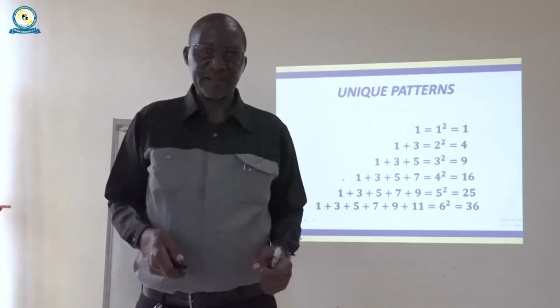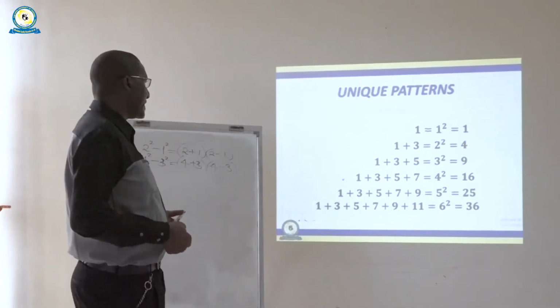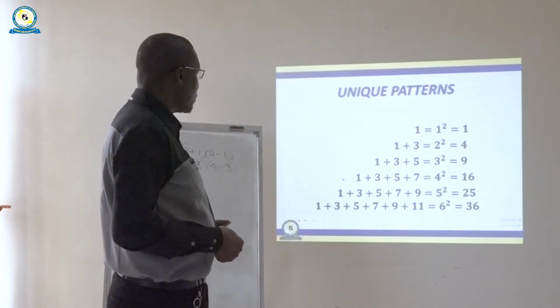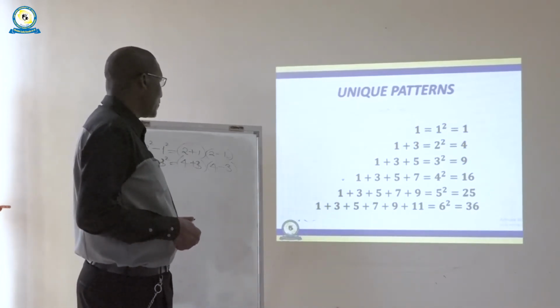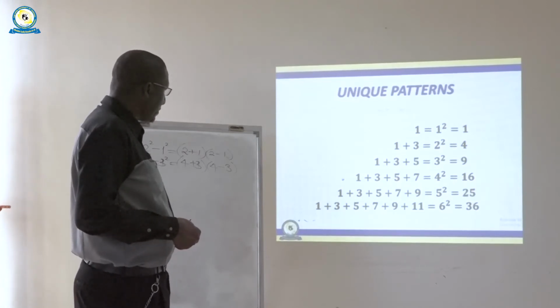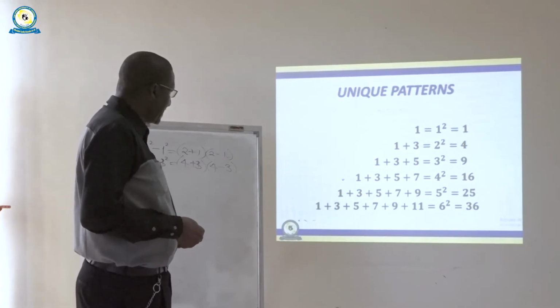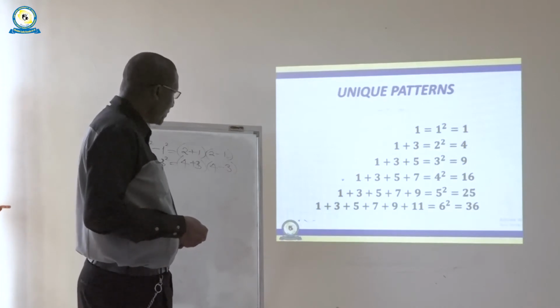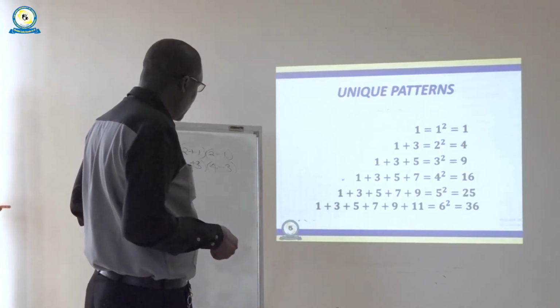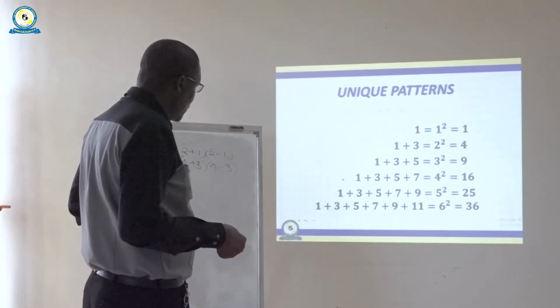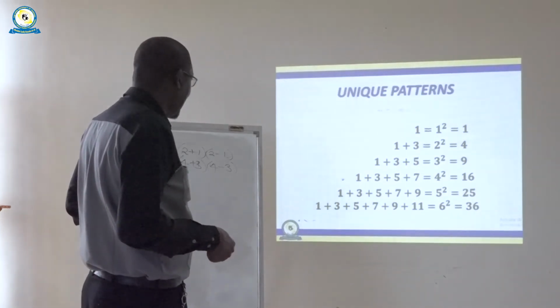There are some unique patterns you may find in general. 1 equals 1 squared, which equals 1. If you take 1 with a common difference of 2, 1 plus 3 equals 4, which is 2 squared. Then 1 plus 3 plus 5 equals 9, which is 3 squared.